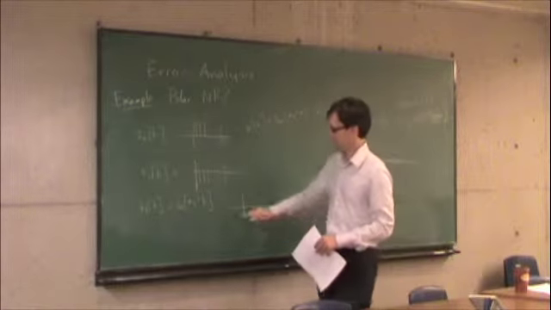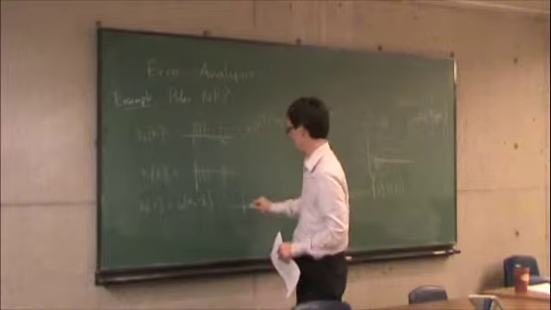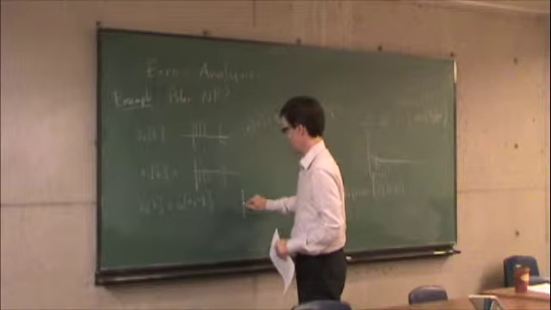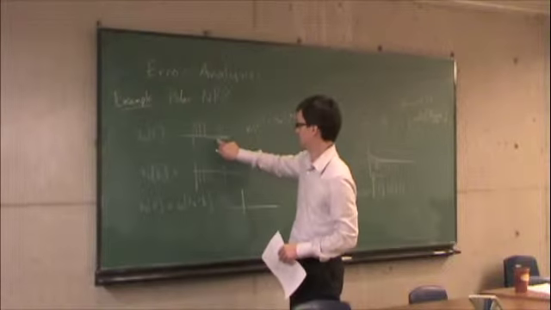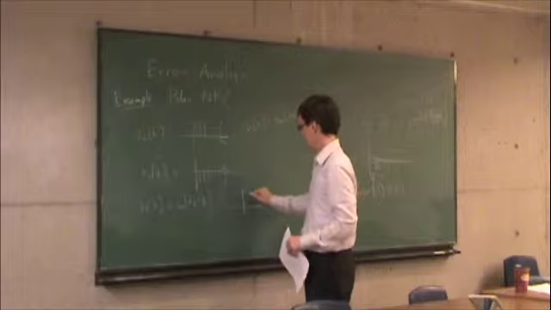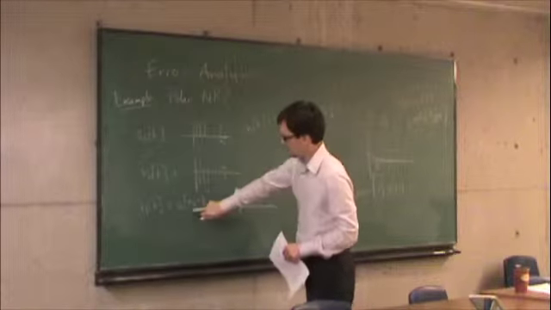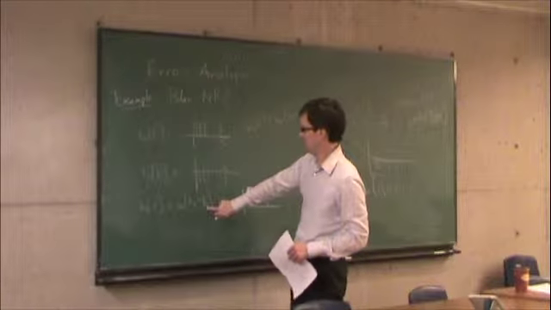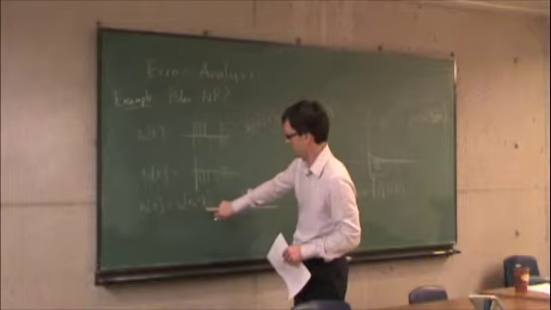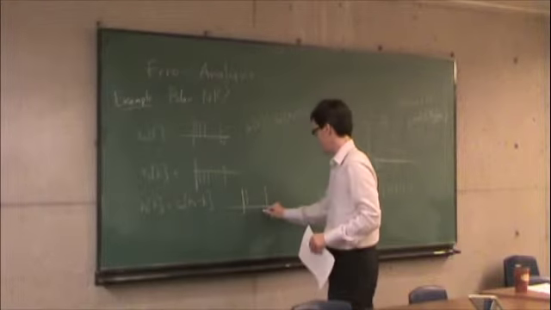At K equals 0, this is S0 of NB, which is 1. At K equals 1, this is S0 of NB minus 1, which is 1. And so on. It's +1 up to S0. If K is NB minus 1, we get NB minus NB plus 1, S0 of 1, which is this.